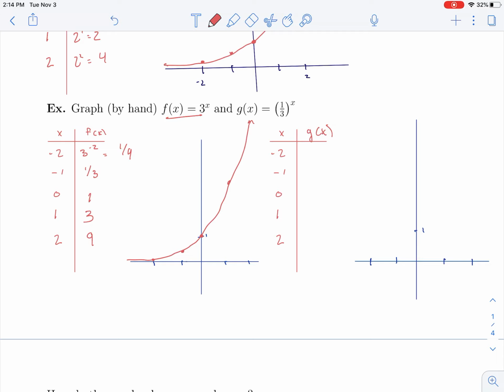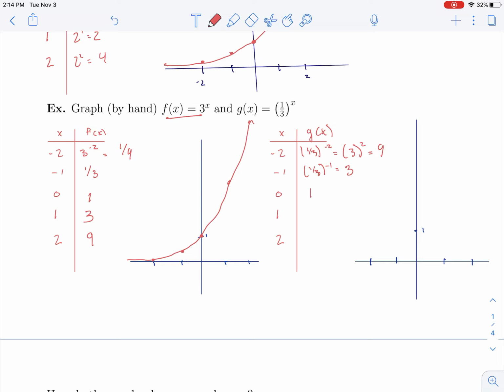Similarly, for 1/3, now I'm going to put 1/3 to the -2. Well, if I put just that negative inside, remember the negative just flips it, so I get 3 squared, which is 9. Then 1/3 to the -1, similarly, is just 3.